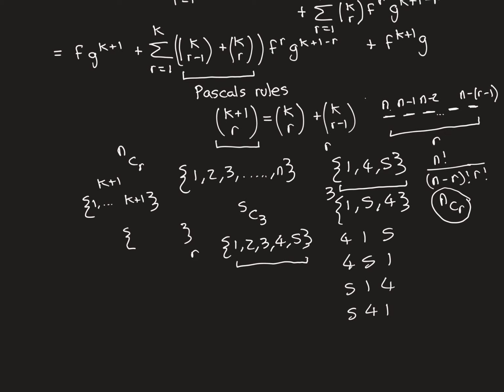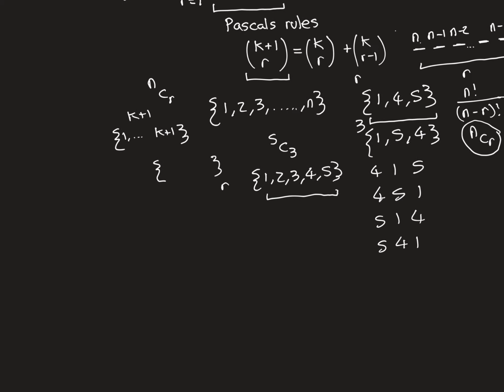Well, you can split the problem up into two. You can say, let's split this element k plus 1 off from the rest of them. Every subset that you create of r things is either going to contain k plus 1 or it's not going to contain k plus 1.